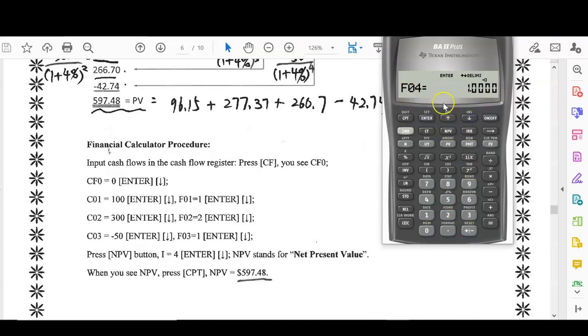Enter, down button. Frequency 1. Double check no other cash flows. Come back to cash flow 0. This is an alternative way to input those 4 cash flows. You input 300 twice if you want frequency as 1 for each time. Otherwise, you could input frequency as 2, so you only need to input 300 once. In this case, the NPV would be the same number.